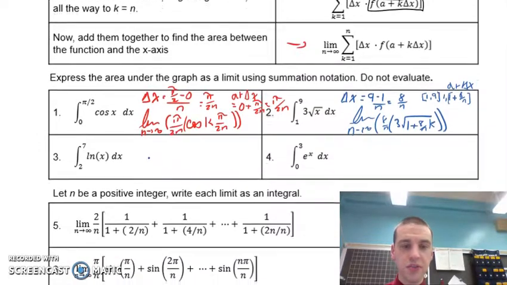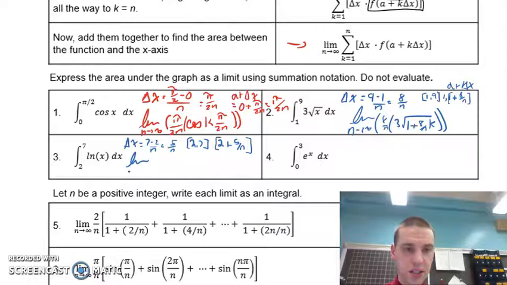So I'm going to do number 3. You're going to pause it and finish number 4. So delta x equals 7 minus 2 over n, so that equals 5 over n. We have 2 to 7, so we're going to get here 2 plus 5 over n to be our a plus delta x.